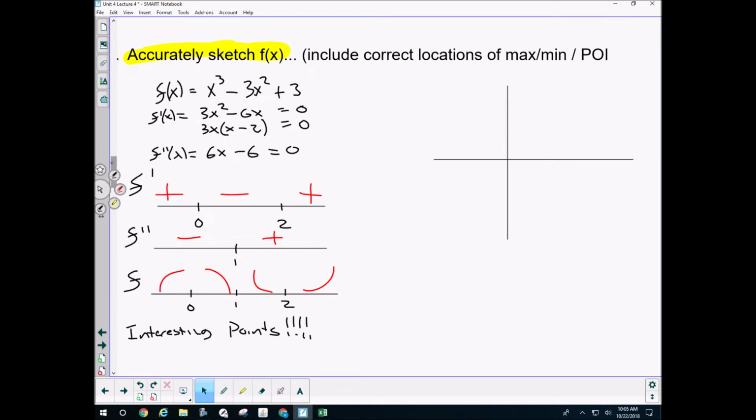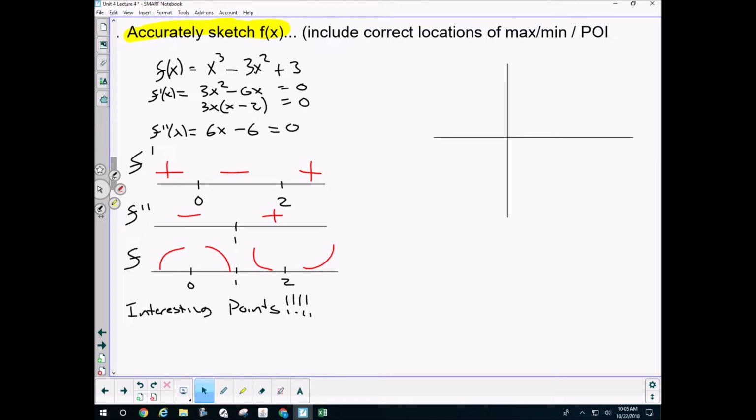But let's find the actual point locations at 0, at 1, and at 2. We'll call those interesting points. We could plug 0, 1, and 2 into our function and find out the exact locations of the y-coordinates of our maxes, mins, and points of inflection. Because I know I have a max at 0, I have a min at 2, I have a point of inflection at 1, but exactly where it is located I can now worry about.